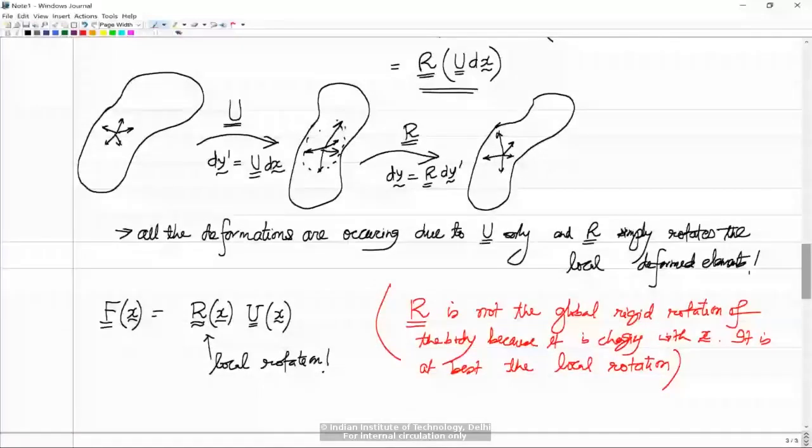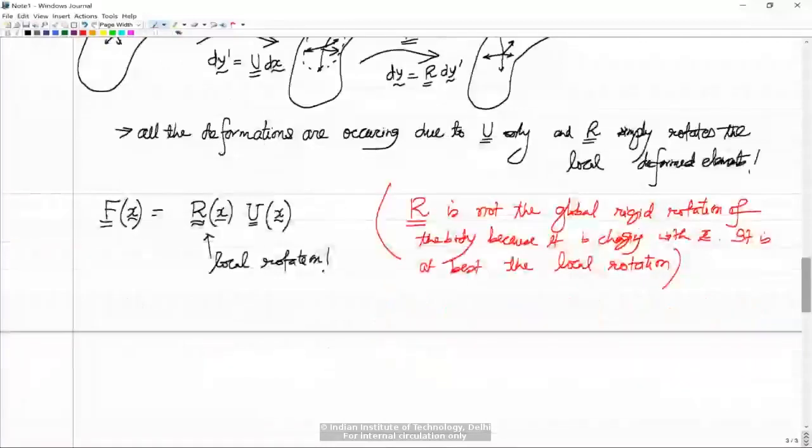Why are we decomposing? It gives you some physics, and of course it has importance also later on when we work out the stress strain relationship. You will see that U will come there.